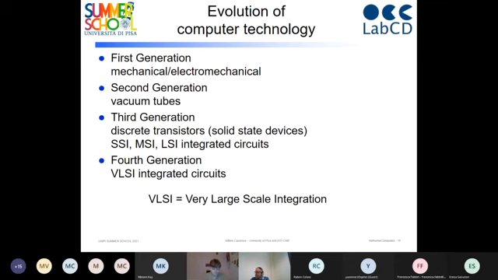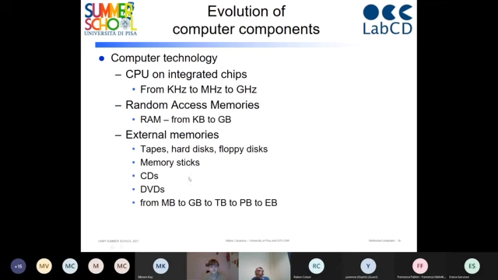And what has been the consequence of this evolution on the basic technology? Well, the consequence is the one that we are touching today, meaning, first of all, the speed of the CPU has moved from kilohertz to megahertz to gigahertz, which means what? As I was saying before, the basic cycle of the CPU is to fetch one instruction from the memory, execute the instruction, and store back the result into the memory.